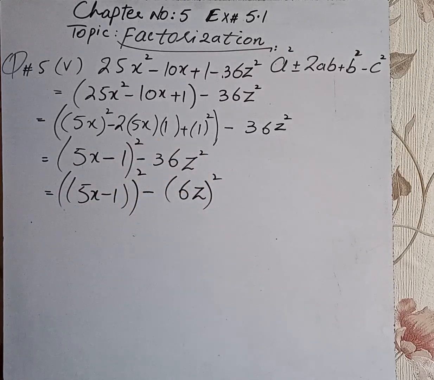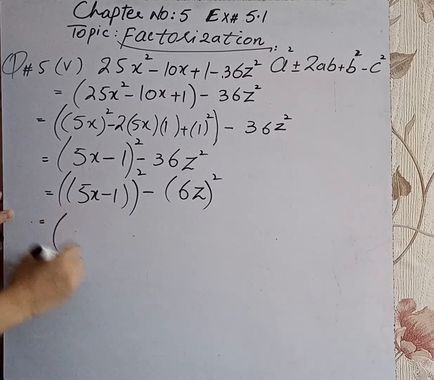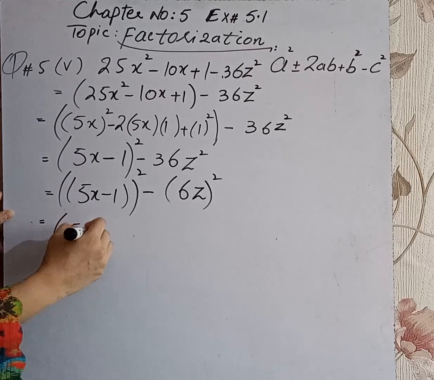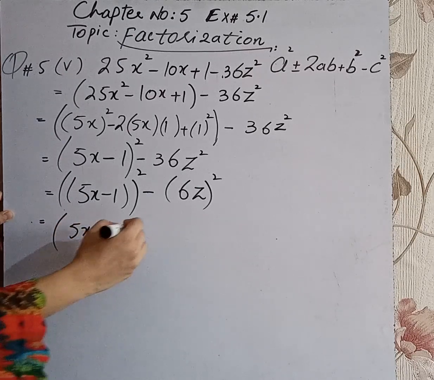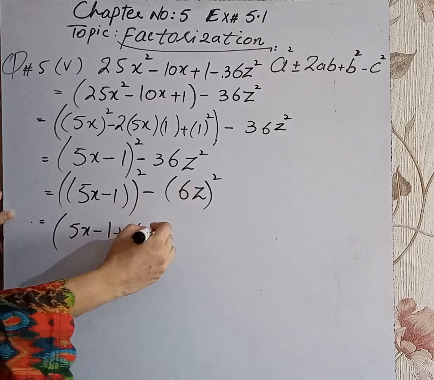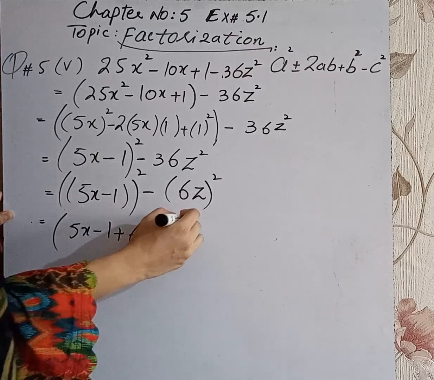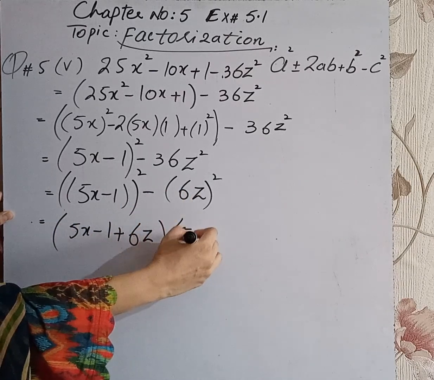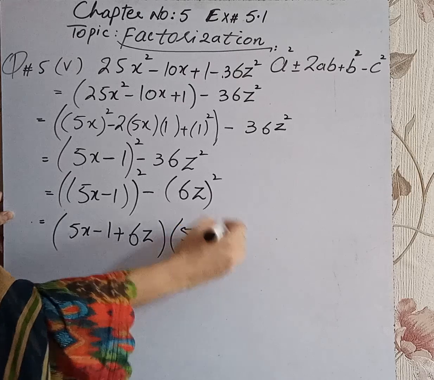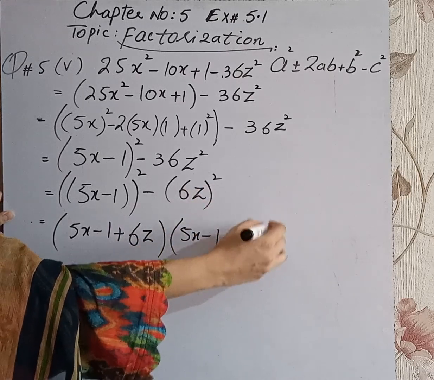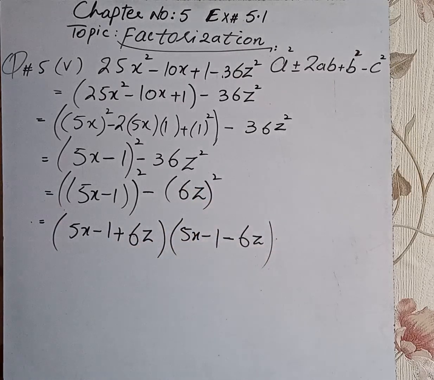This is a squares minus b squares, which will be opened as a plus b and a minus b. What is a here? 5x minus 1 plus, what is b here? 6z. Then a minus b, a is here 5x minus 1 minus b is here 6z. So these are the factors of this given expression.